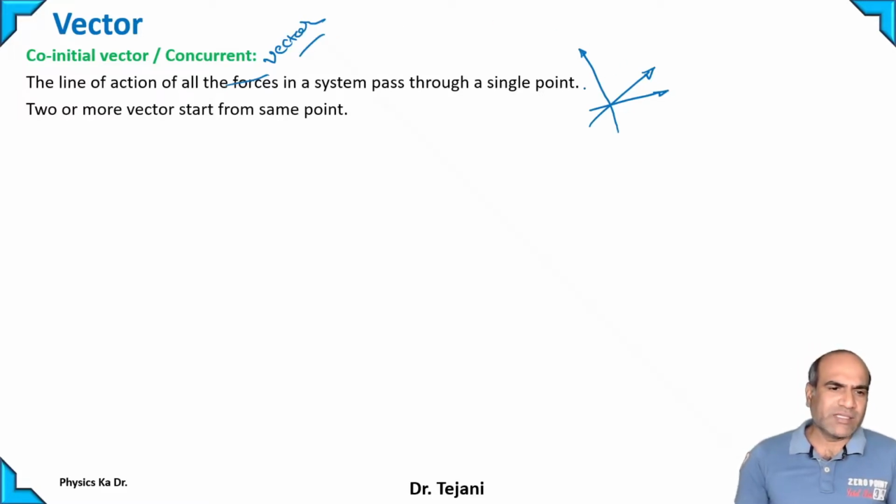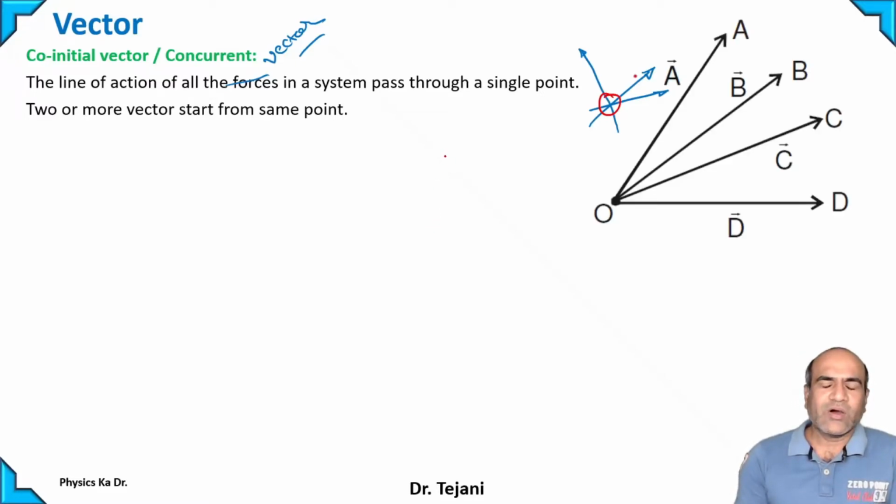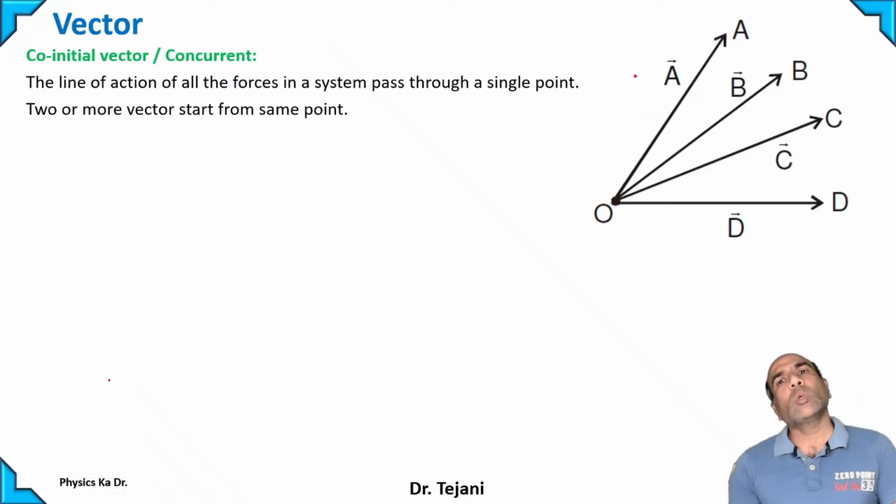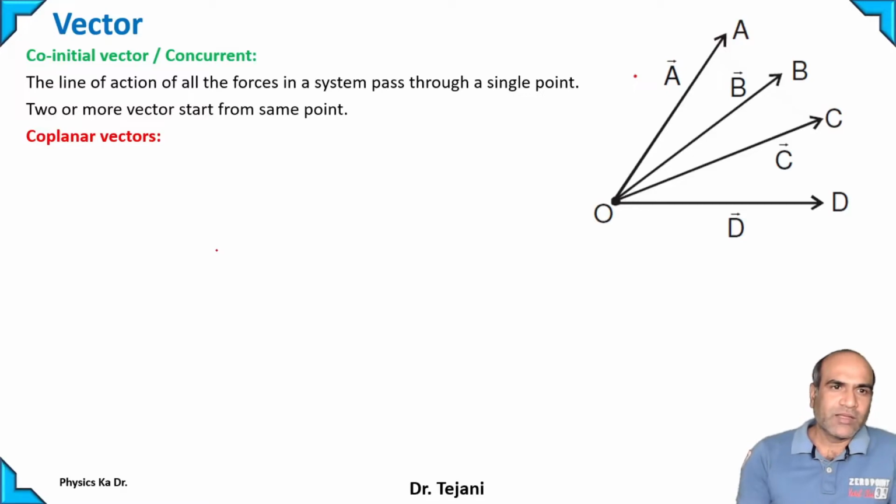If all pass through a single point, that means they are co-initial, or you can say concurrent. Or you can have another drawing, all initiating from one single point and going in different directions, right? So we can call them concurrent or co-initial vectors.